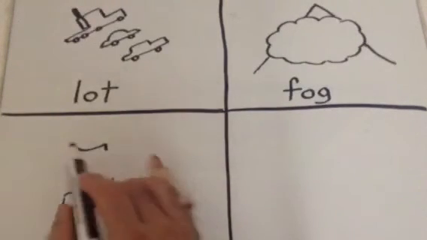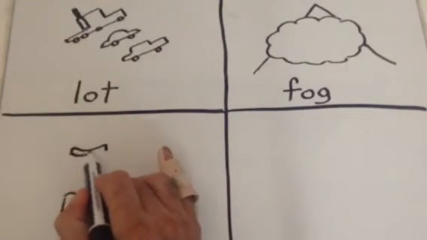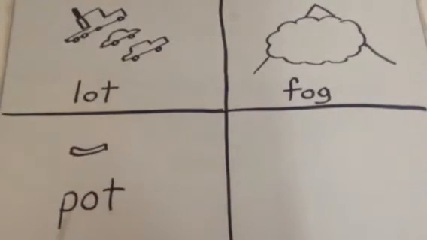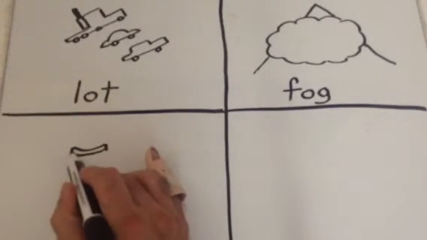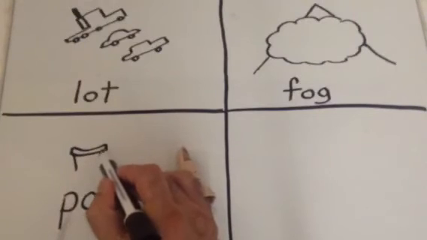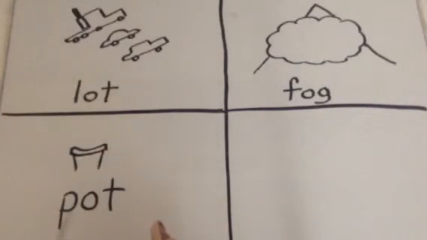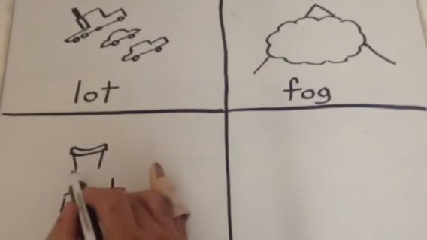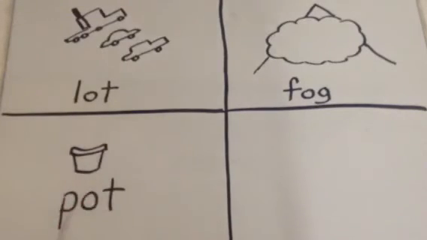Then we're going to draw another curved line like that. And then underneath, let's do a line from either side. And another curved line. So right now we're drawing a flower pot.